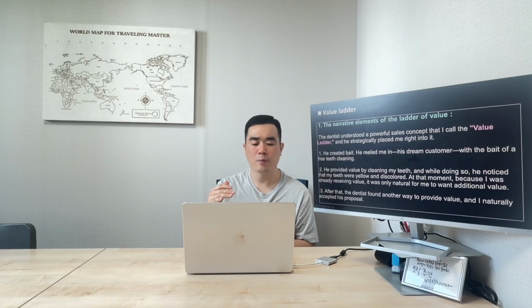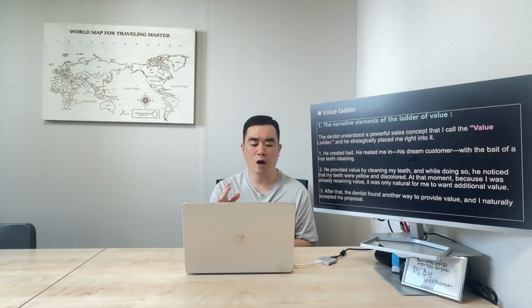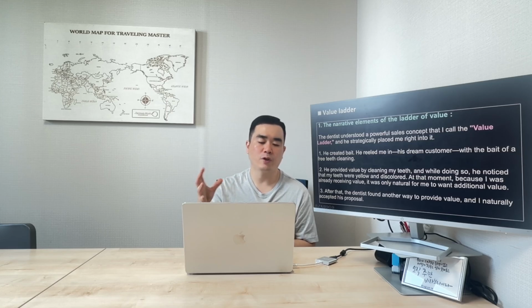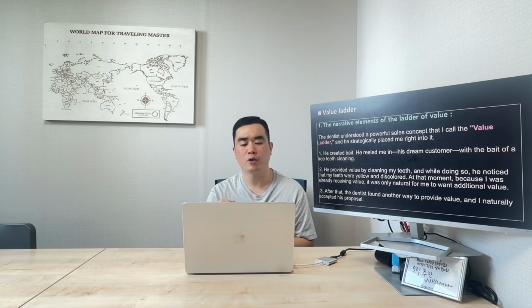Second, he provided value by cleaning my teeth. While doing so, he noticed that my teeth were yellow and discolored. Because I was already receiving value and service, it was only natural for me to want additional value.